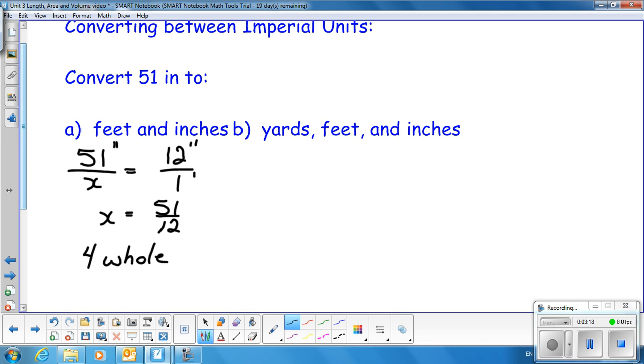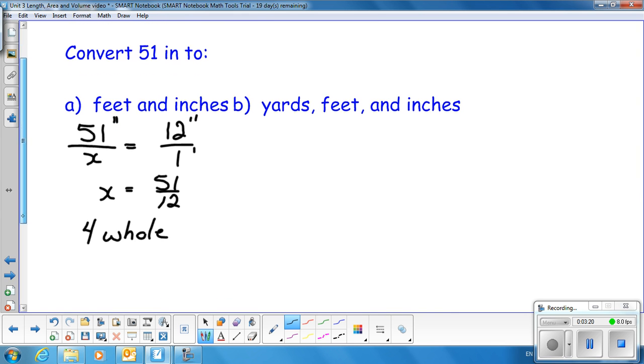Now there's some inches left over, so how many inches are left over? Well, in 4 feet, we would use 48 inches. If we had 51 to start with, minus 48 means that we have 3 inches left over.